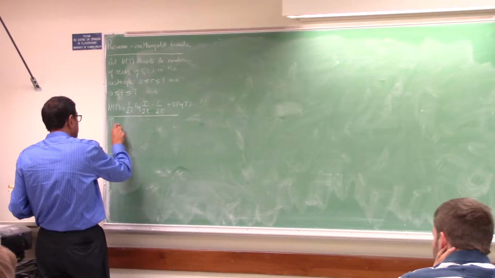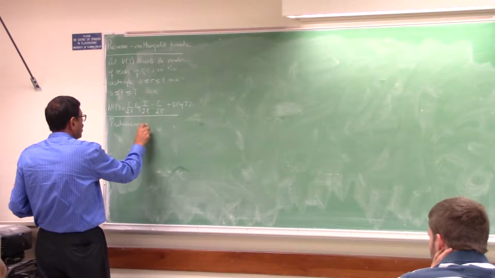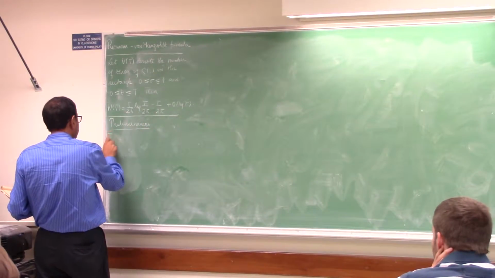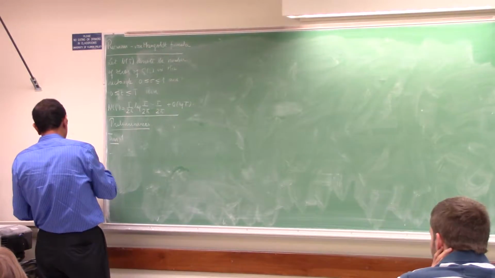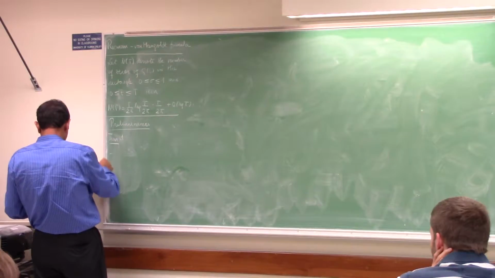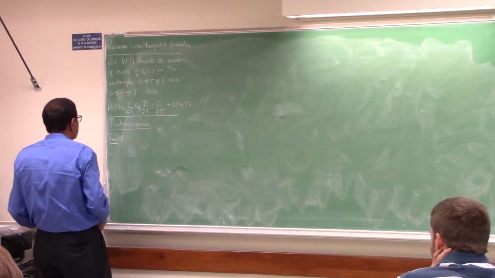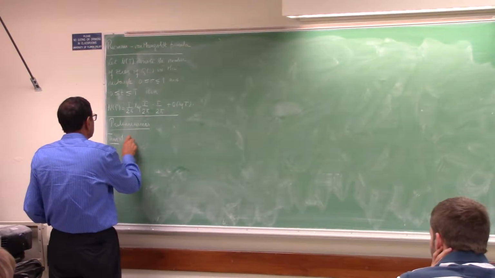We needed some preliminaries for this. So one of the preliminaries was what I have called Theorem 1, which was something on the size of the Riemann zeta function for sigma greater than or equal to 0. It had two parts.